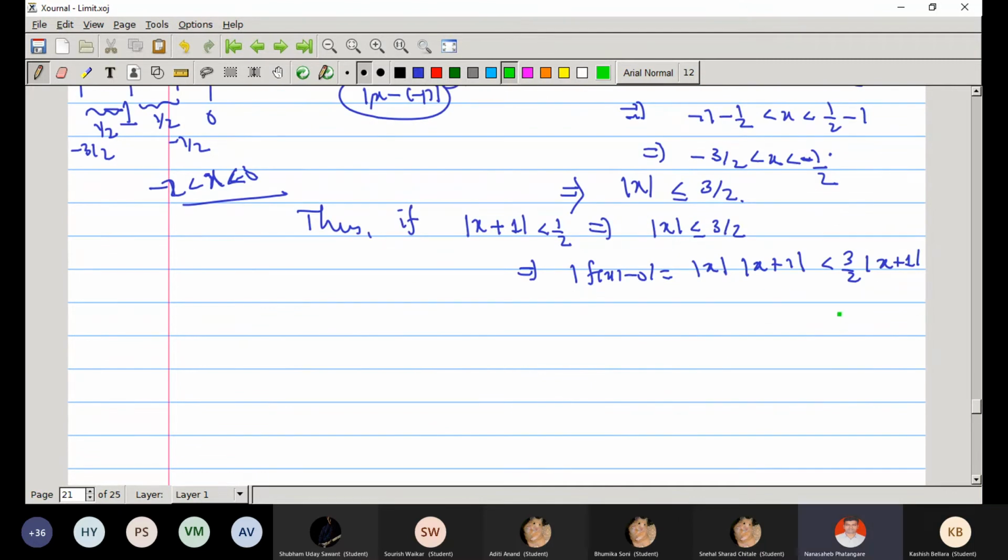Right, and intuitively, without any complicated formula, to make f of x minus 0 less than epsilon, I should make the absolute value of x plus 1 less than epsilon into 2 by 3. Do you understand this? Yes, sir.